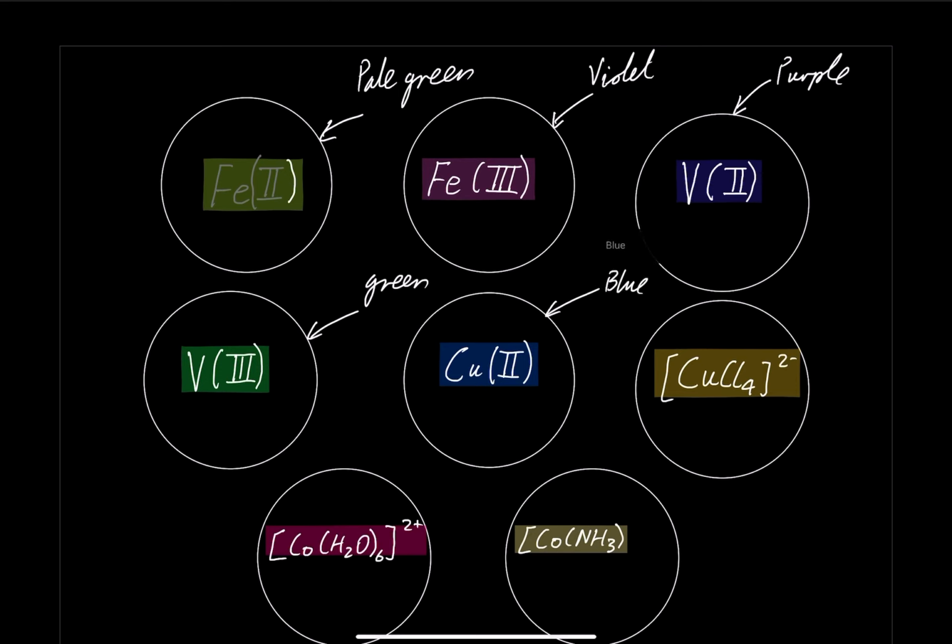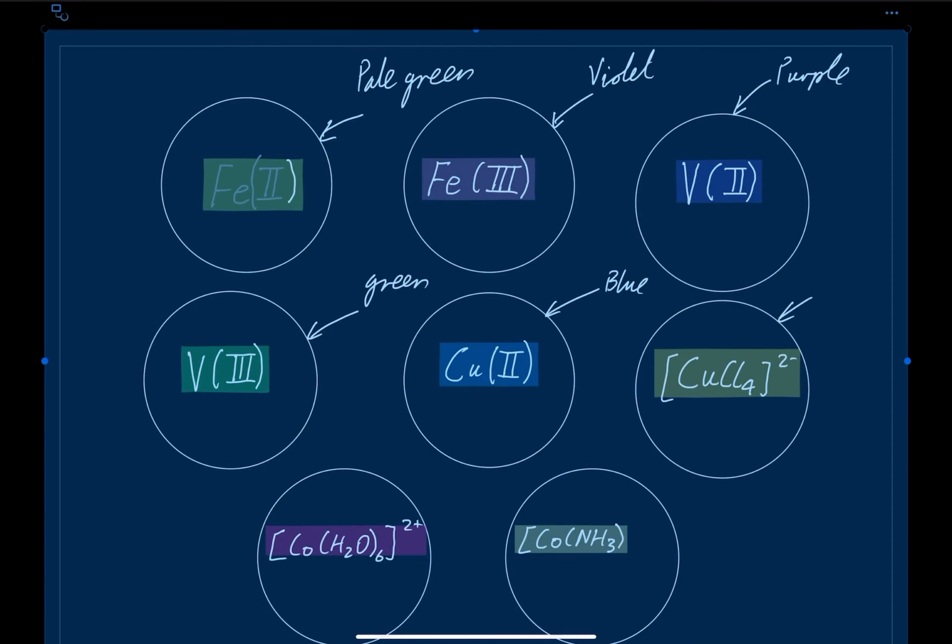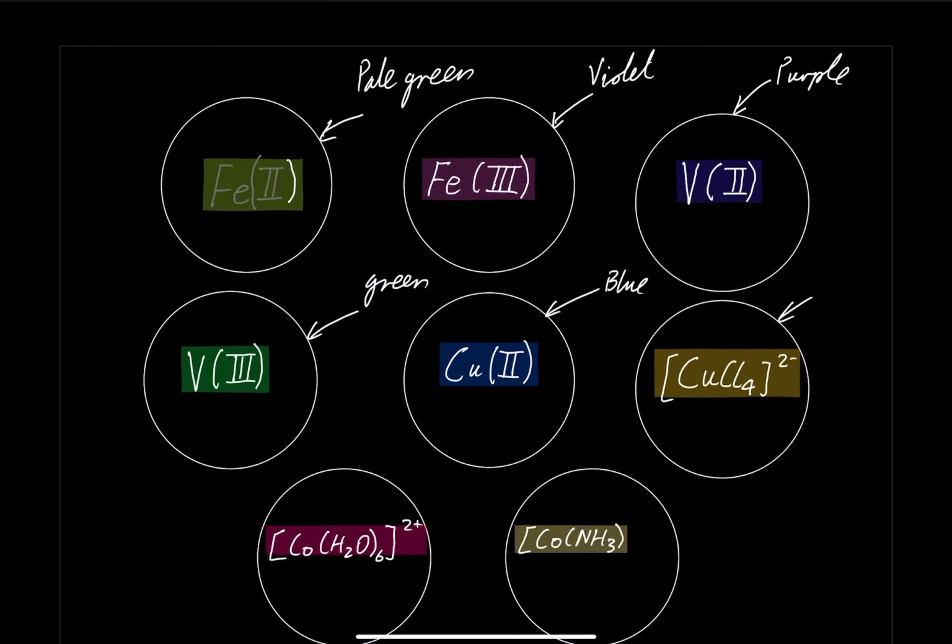Copper chloride, also copper tetrachloride, CuCl4 2-, as an ion. I remember it's a 2 minus because copper in itself is a Cu2+ ion, but each chloride has a -1 charge.